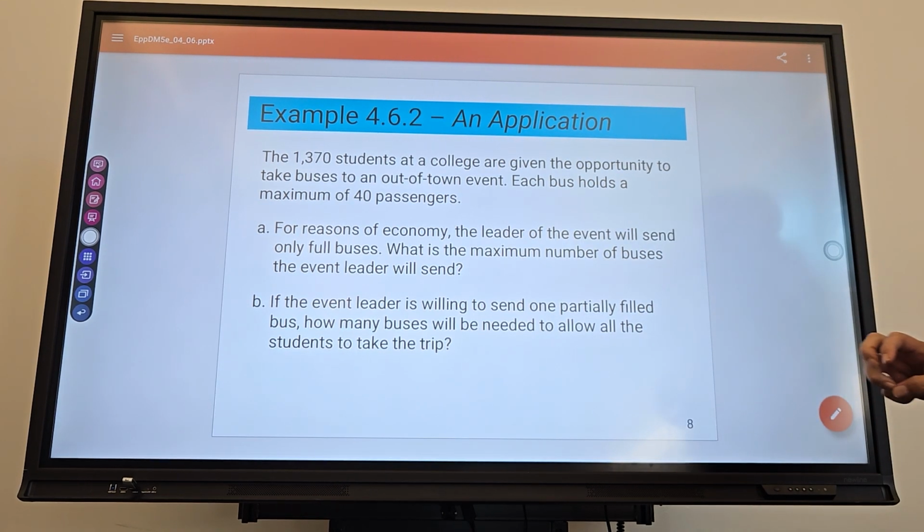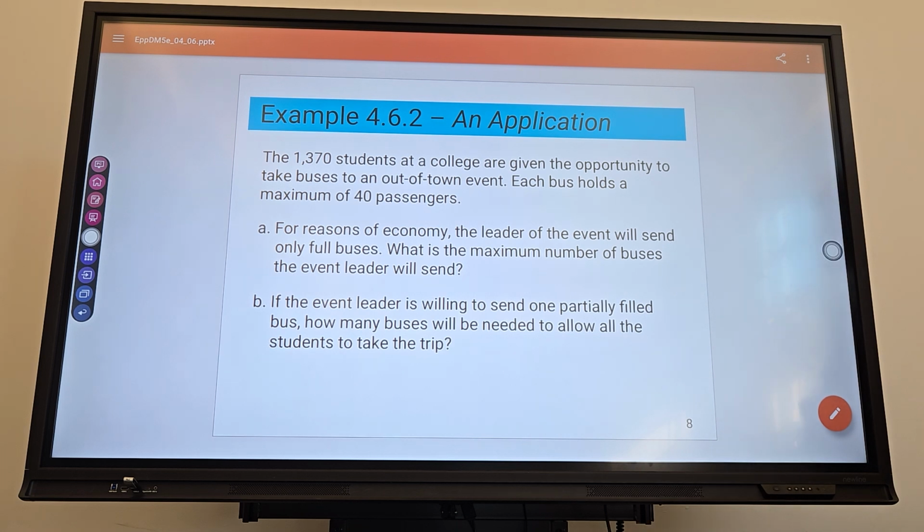And an application. Say there are 1,370 students at a college that are given an opportunity to take buses to an out-of-town event. Each bus holds a maximum of 40 passengers. For reasons of economy, the leader of the event will send only full buses. What's the maximum number of buses the event leader will send? Anybody got a calculator handy?